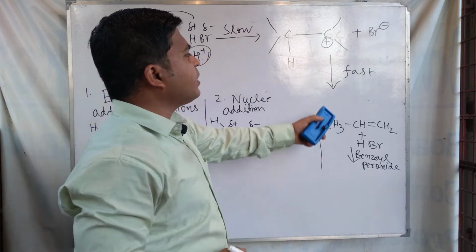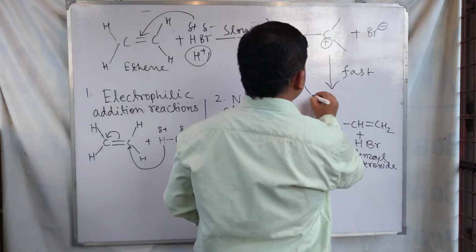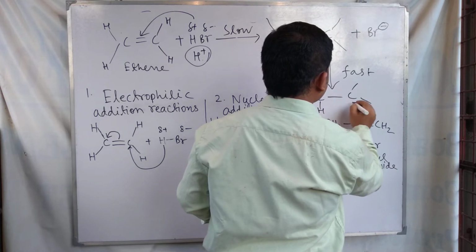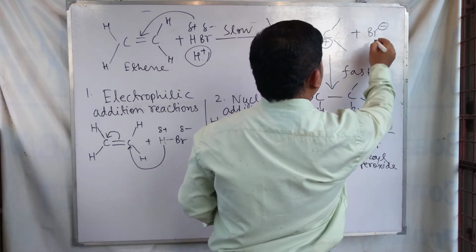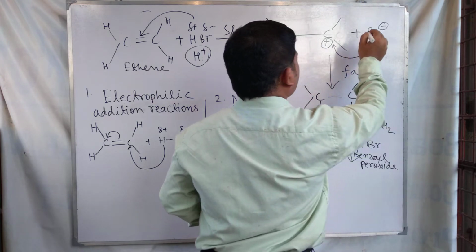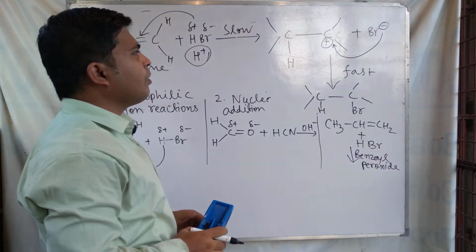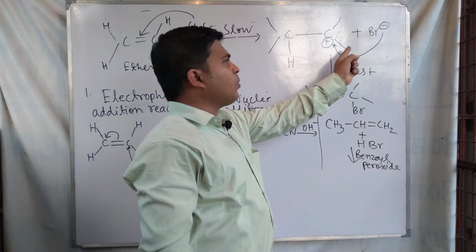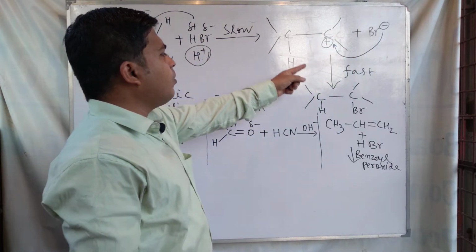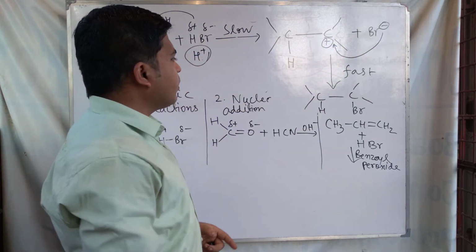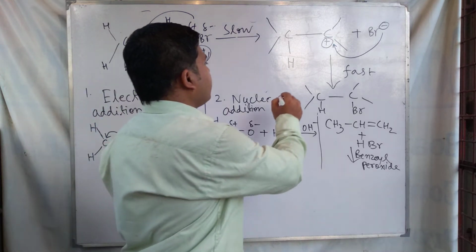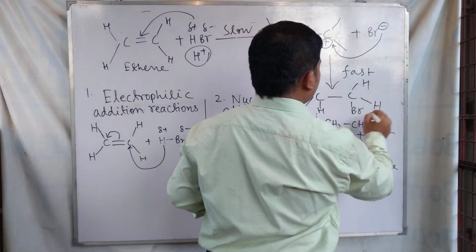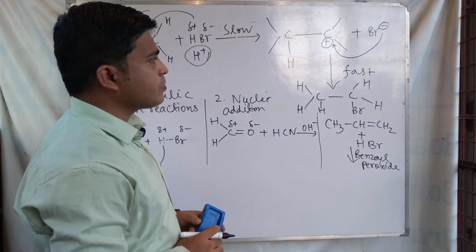After that it converts into this one, because this bromine minus, the residual part of the reagent, attacks this carbocation and forms the product. We are taking ethene and it forms ethyl bromide.